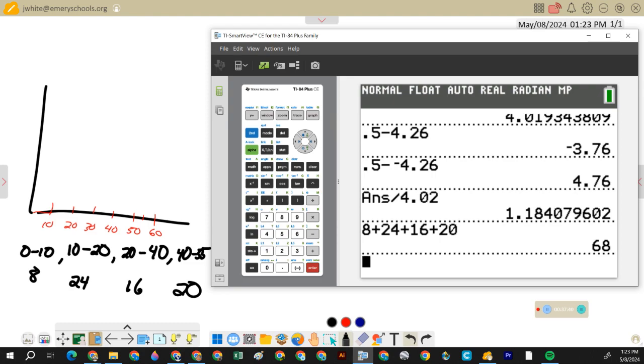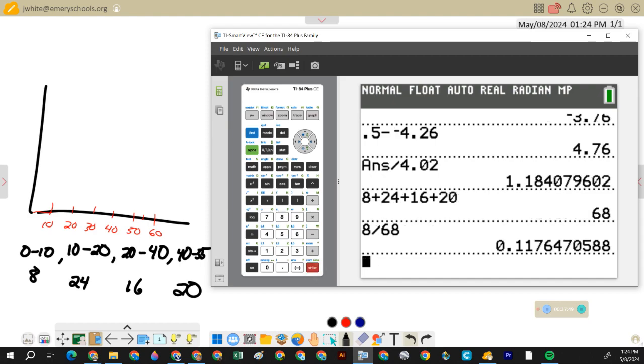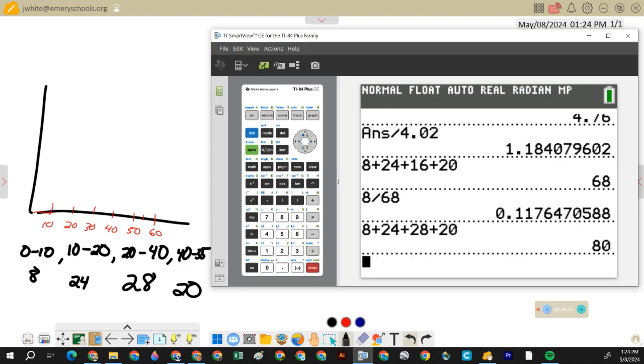There are 68 people, so 8 divided by 68 is, ooh, that's ugly. Let's not do 68. Let's change this to 12. What was it, 16? So let's do 30. No, 28. All right, 8 plus 24 plus 28 plus 20 is 80.